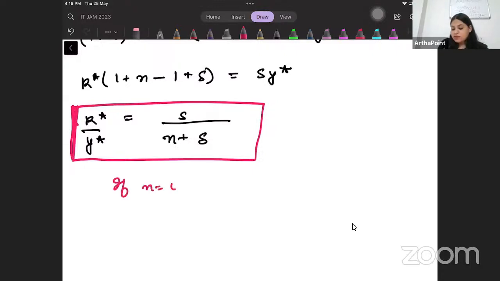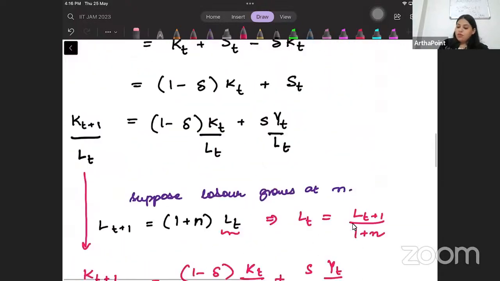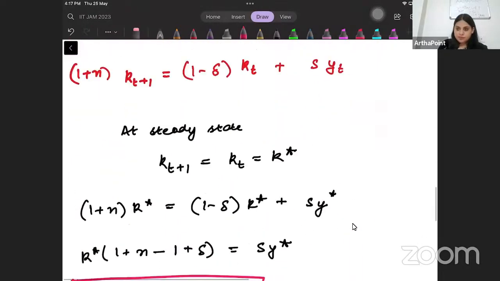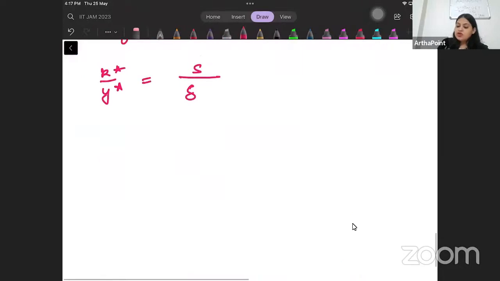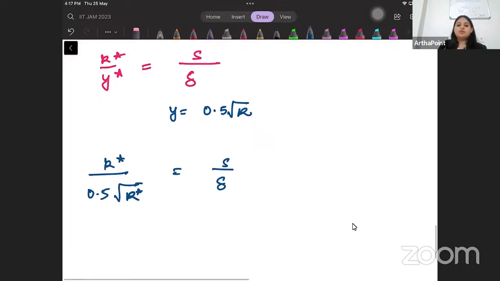If N is 0, then the steady state will become S by delta. Now look above, from the first part, Y was 0.5 root K, right? So K star upon 0.5 root K star should be equal to S by delta.